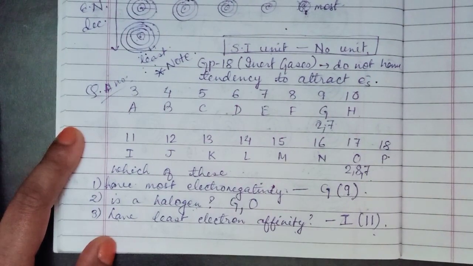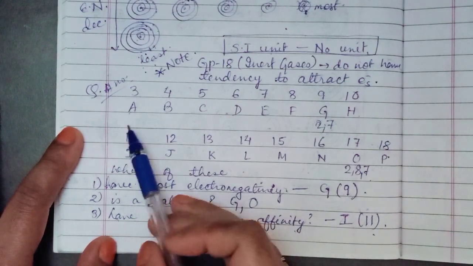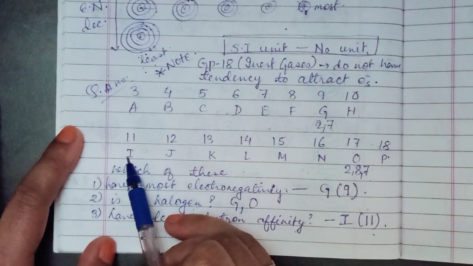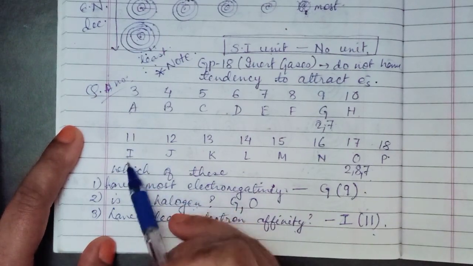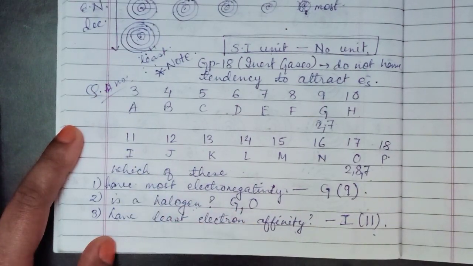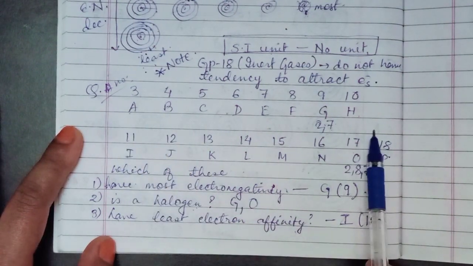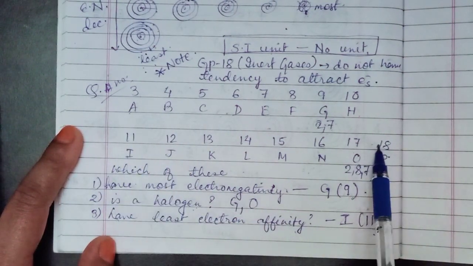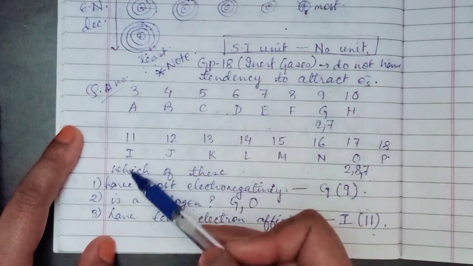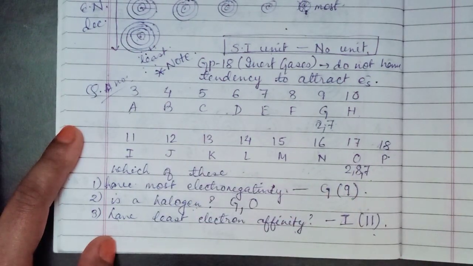Because as we move in a group from top to bottom, electron affinity decreases. So from top to bottom it decreases, and here it will be least. When we are moving in a period it increases. It will decrease from top to bottom. So the answer will be 9.